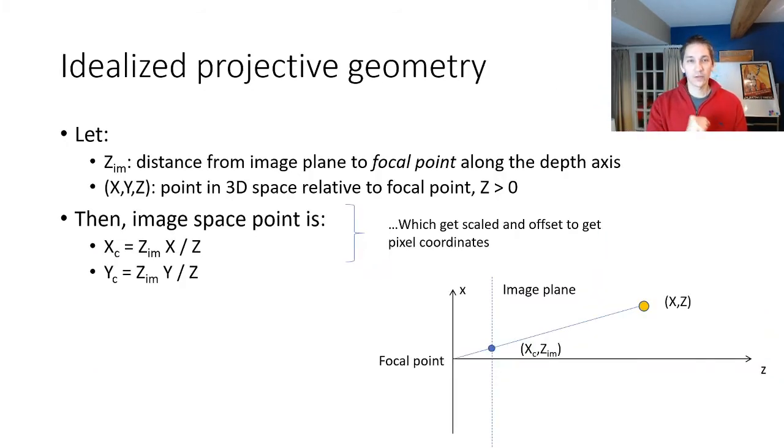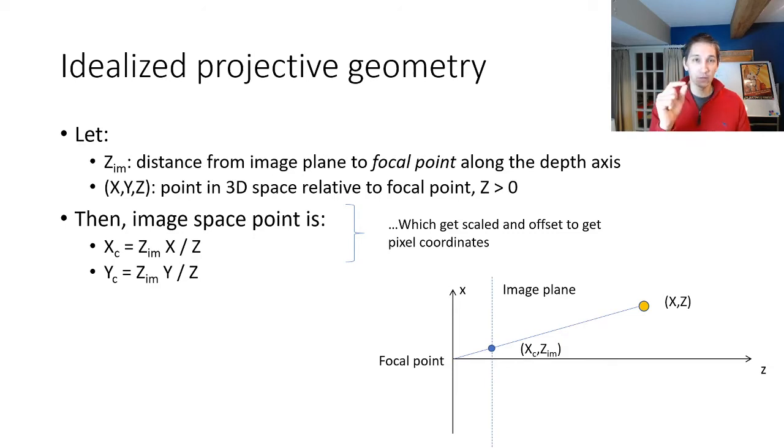Now, how does this correspond to stuff in the 3D world? Well, we need to model how cameras form images, and we typically do so using what's known as idealized projective geometry. If we have an imaging sensor on an imaging plane, some distance away from the focal point of the lens, then we can model the transformation of the light coming from that point through the lens to the image sensor as a projection transform.